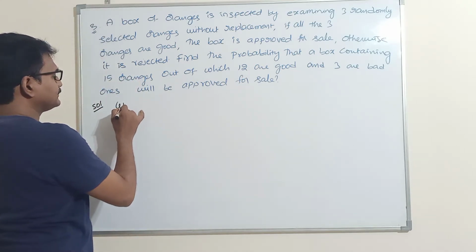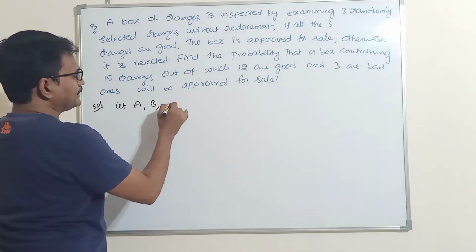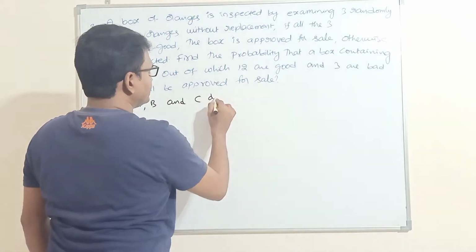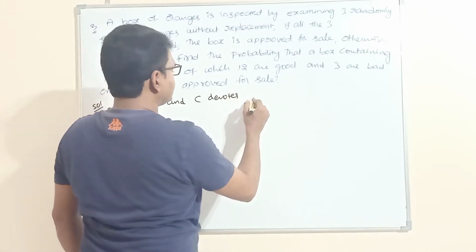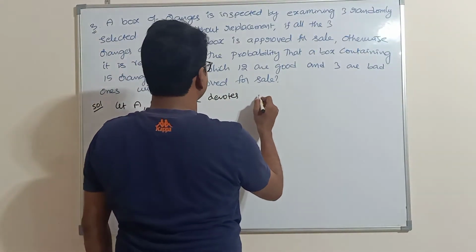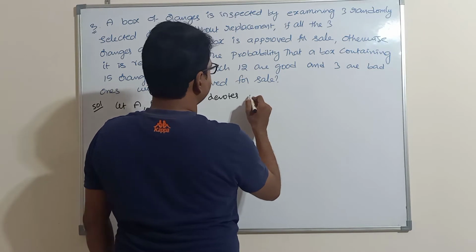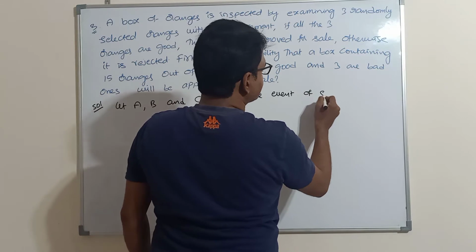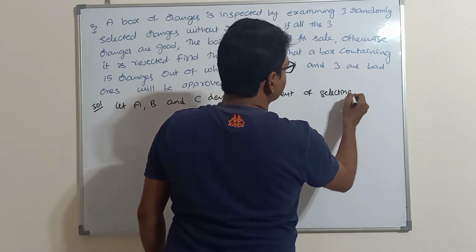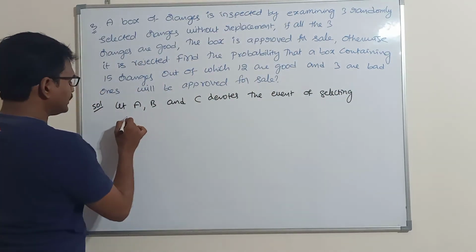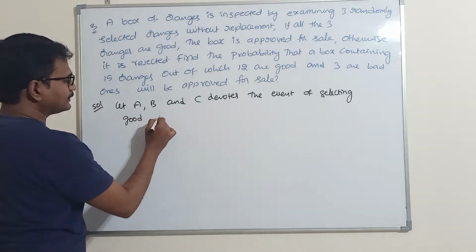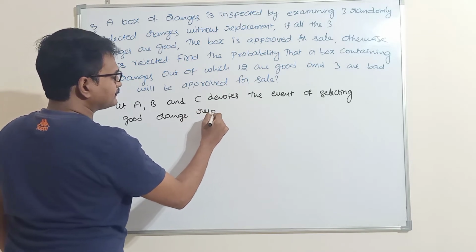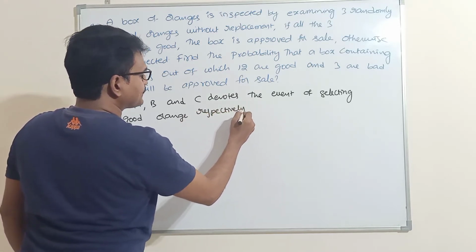Here let A, B and C denote the events of selecting a good orange respectively.